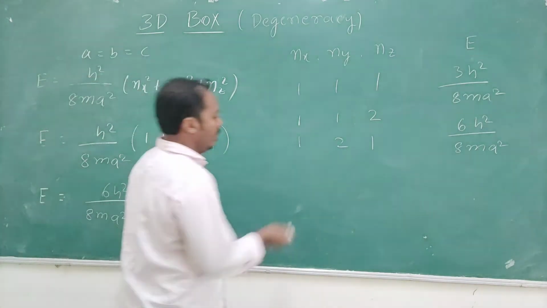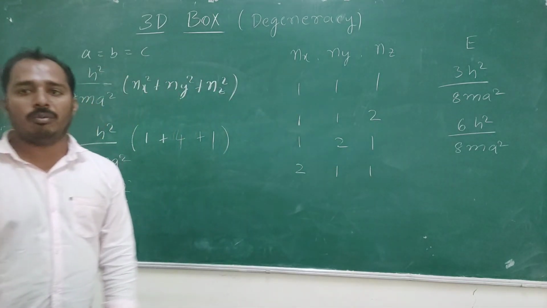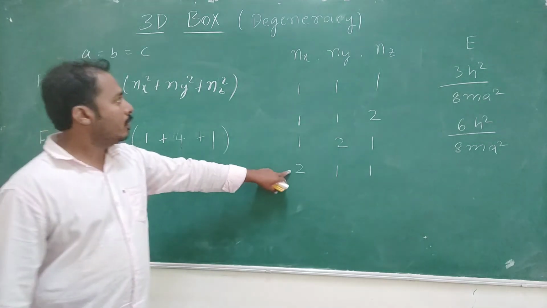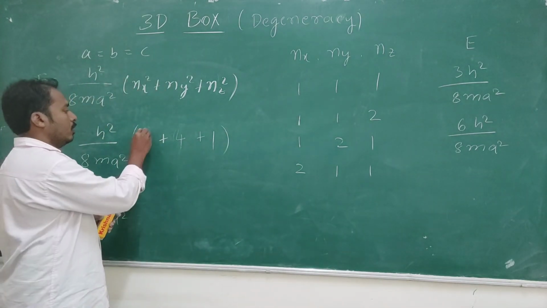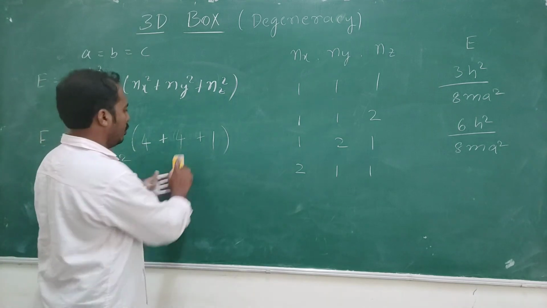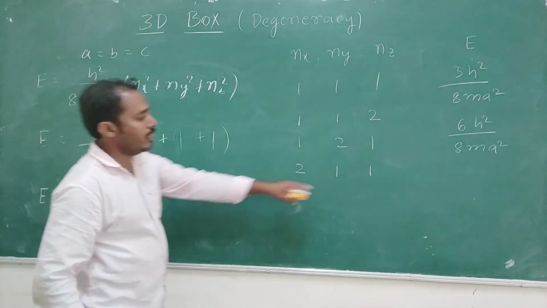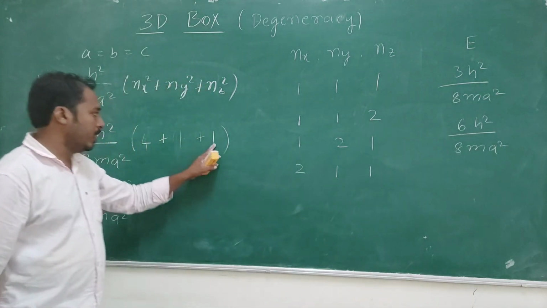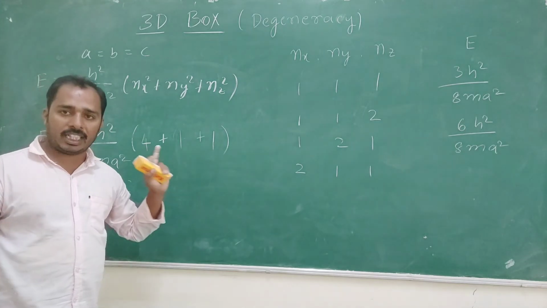Next, another state 2, 1, 1. Substitute nx is equal to 2, we have 4. ny is equal to 1, so 1 square is 1. nz is equal to 1, 1 square is 1. So 4 plus 1 is 5, 5 plus 1 is 6.